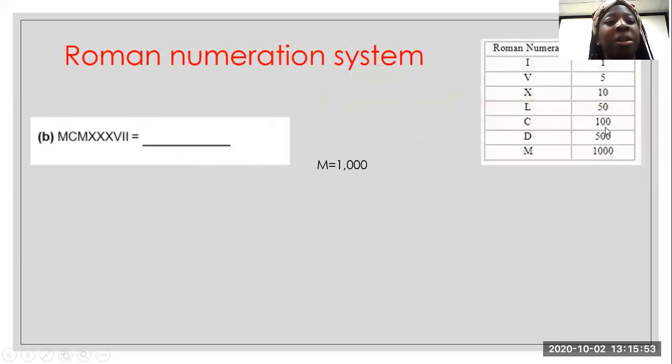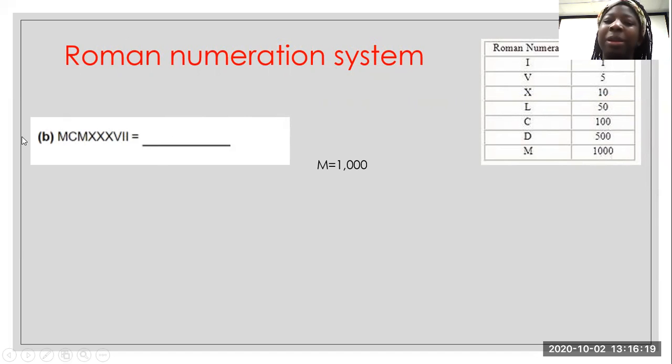But with Roman system, it's actually a little different. We have to subtract the right from the left. So we'll have to subtract 100 from the 1,000, which will give us 900 instead.